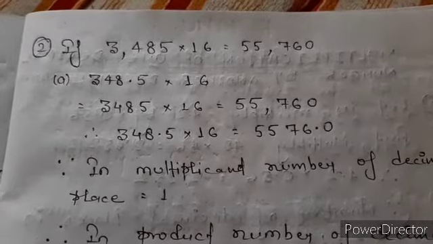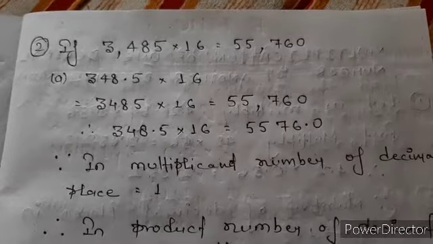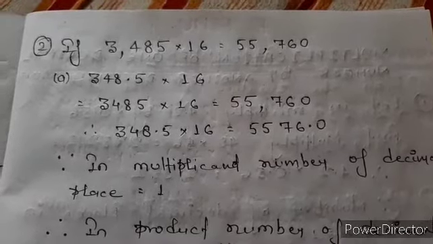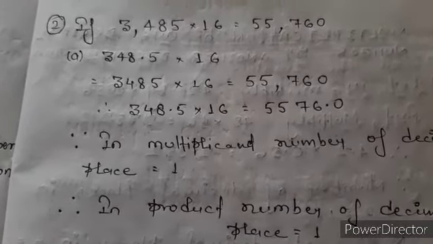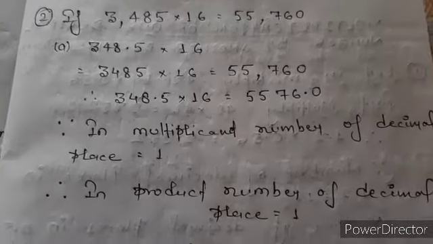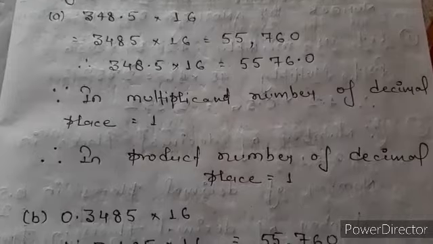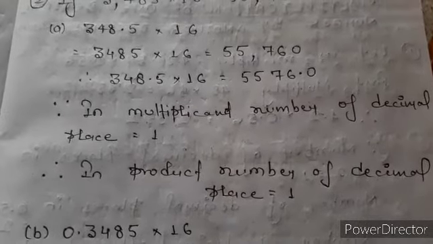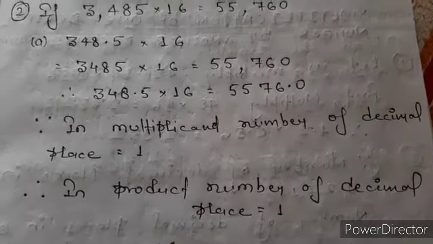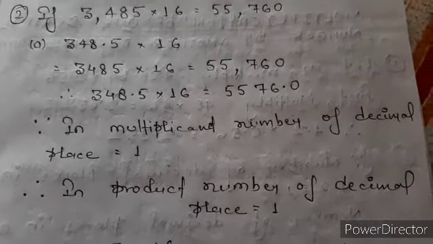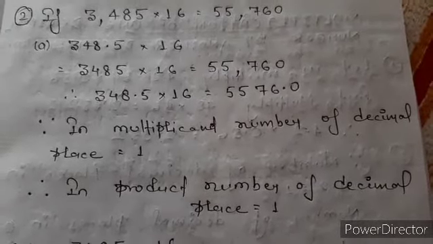Since 3485 into 16 is equal to 55,760, hence 348.5 into 16 is equal to 5,576.0. We place 1 decimal digit as in the multiplicand, where the decimal place is of 1 digit. Hence in the product the number of decimal places is equal to 1.